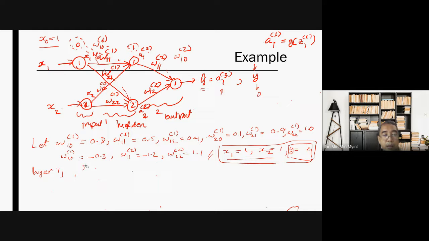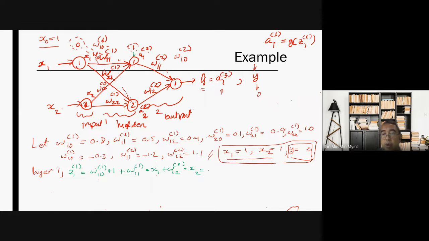So C11, the C1 in this node, will be equal to W10 of layer 1 multiplied with 1, plus W11 multiplied with H1, plus W12 of layer 1 multiplied with H2.